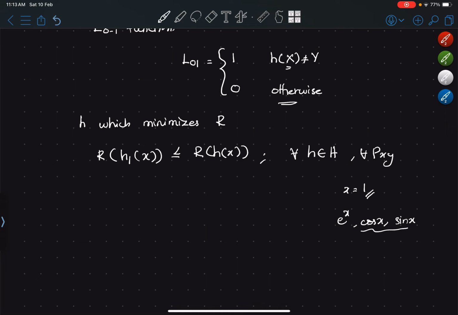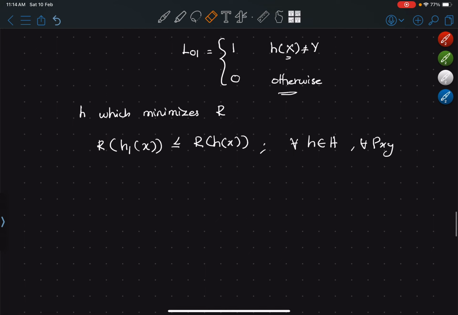These are like the sinusoidal family of functions. We can have polynomials like x squared plus x plus 1. We can have logarithmic functions. Among these functions, which has the minimum value? This is this kind of setting. Hope that is clear from this.